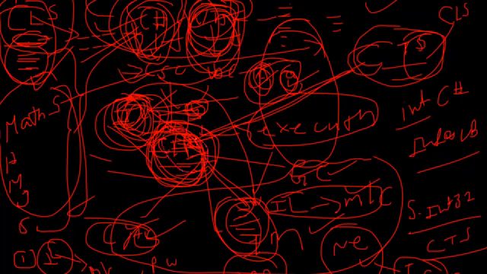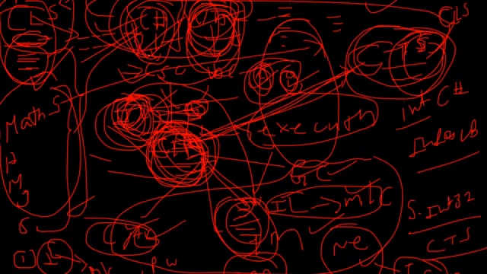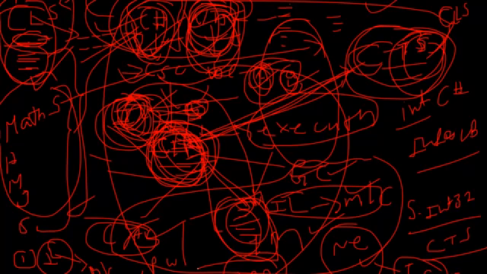CLR consists of CTS, common type system. All the .NET types are derived from the CTS. CTS consists of a subsystem called CLS, which contains a set of rules which have to be followed by every application. Other than this, in the .NET framework we have something called BCL, that is base class library.